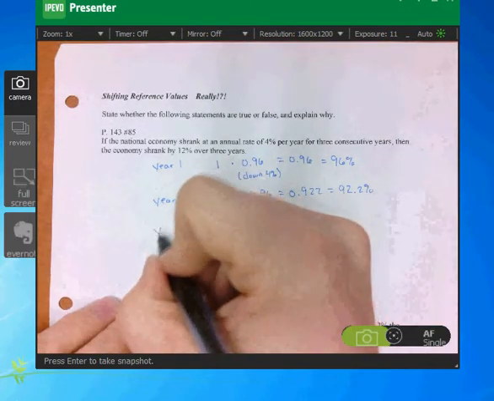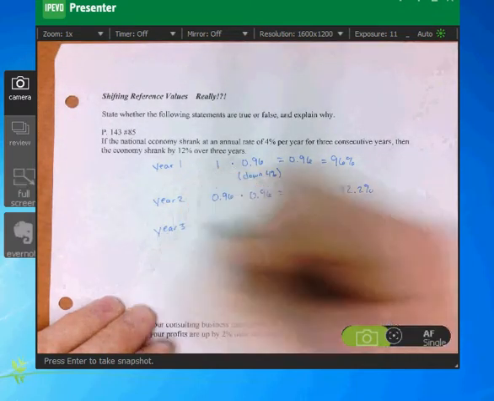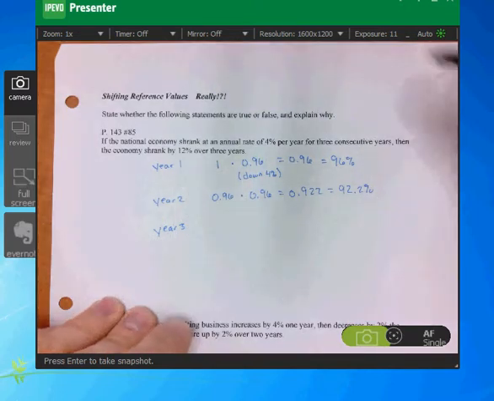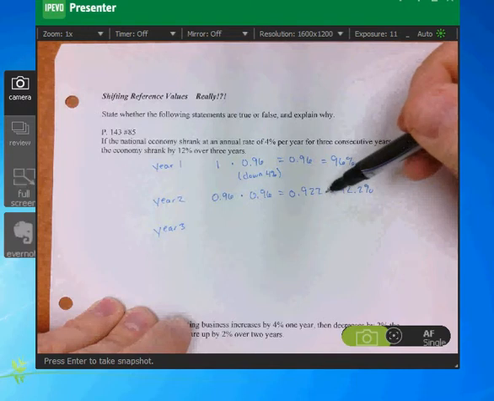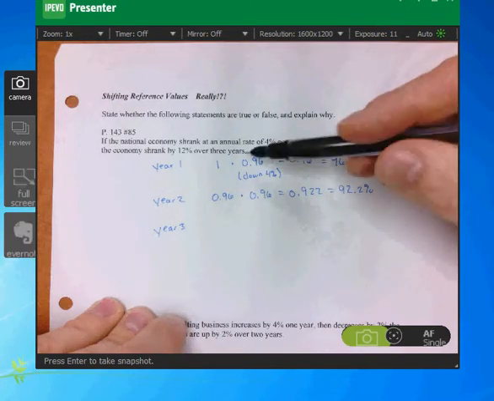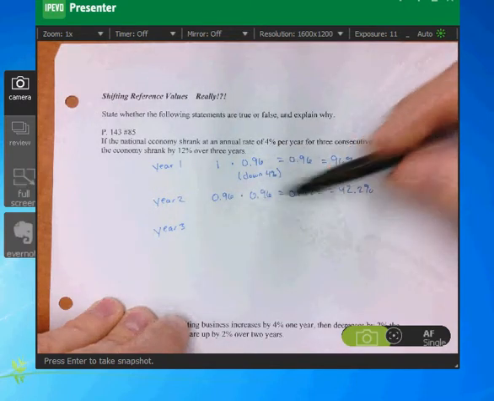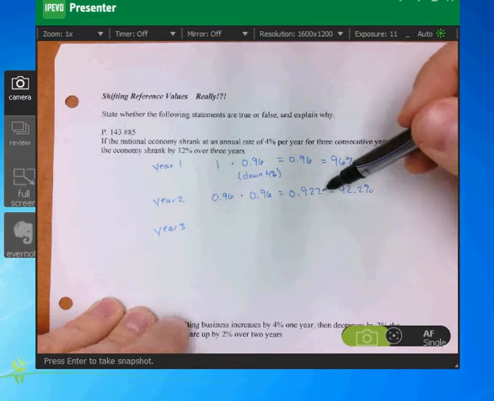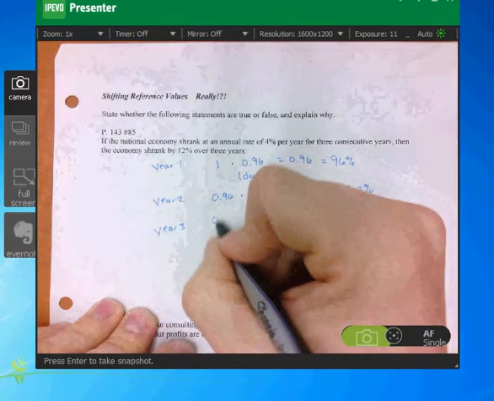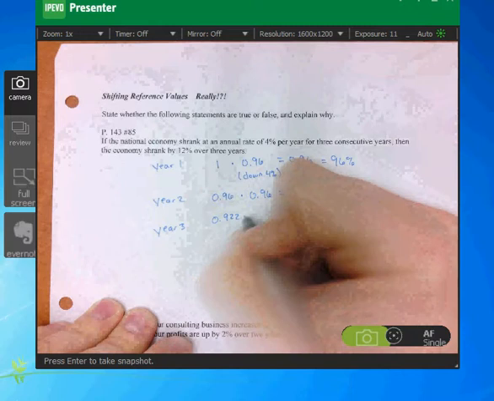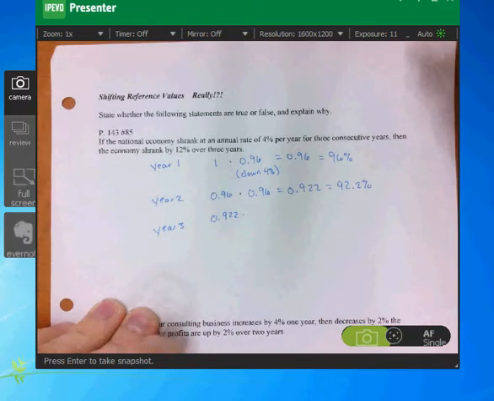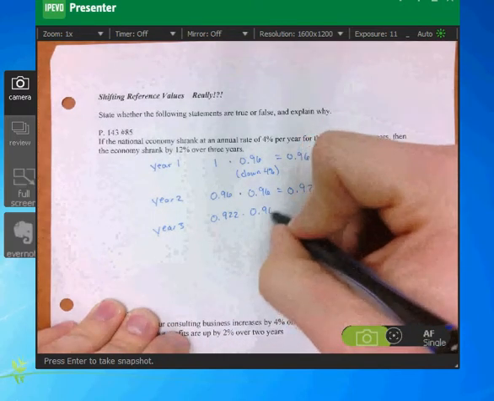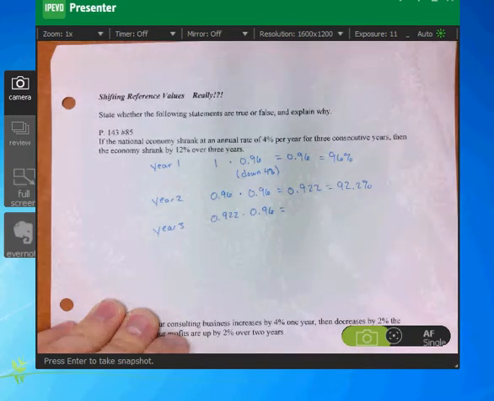And we have to go for 1 more year to see if we're actually having a total of 12%. So this is my new original. I'm no longer at 100%, I'm no longer at 96%. Now at the end of year 2, I'm at 92.2%. So I'm taking my 92.2%, and I have to drop 4% yet again.